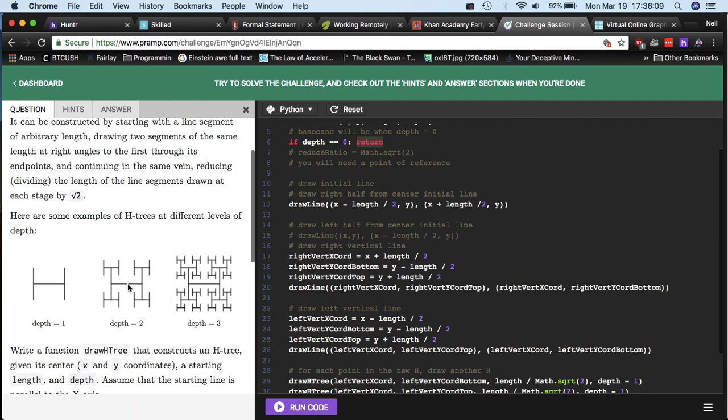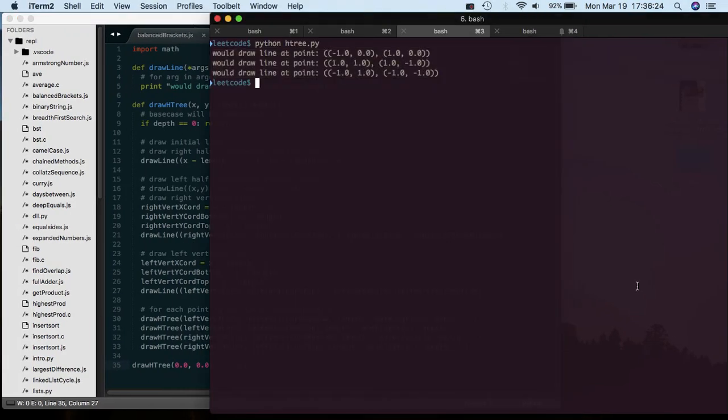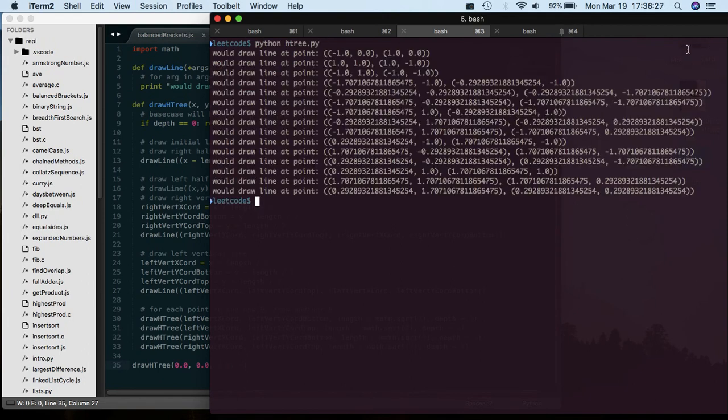Well, each h has 3 line calls, right? Draw line here, here, here. So then how many h's are there? 1, 2, 3, 4, 5. So 15 would be here. And how many h's are here? Well, that's a lot to count. But on the depth of 2, we should see 15 lines drawn. So it's 1, 2, 3, 4, 5, 6, 7, 8, 10, 11, 12, 13, 14, 15. Yep. And these will be all the coordinates that the lines would be drawn at.